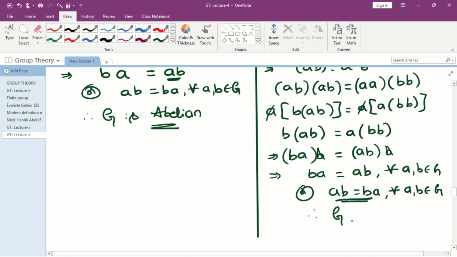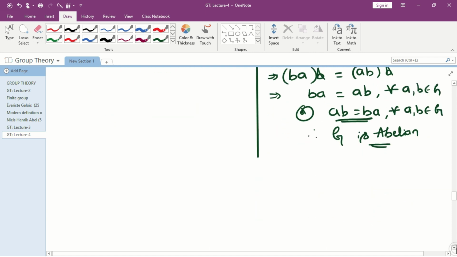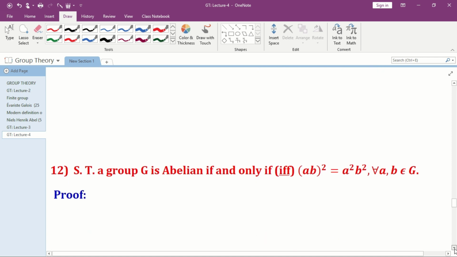Therefore G is abelian. In both ways we can prove G is abelian.